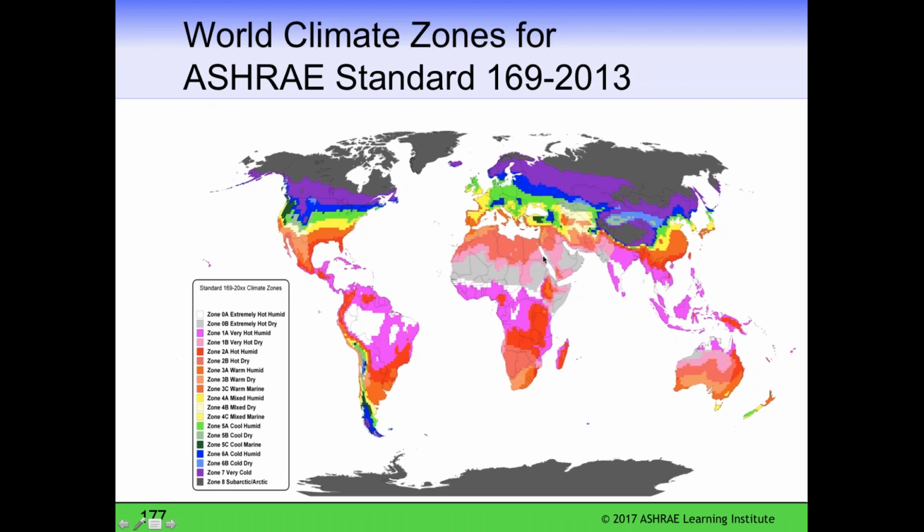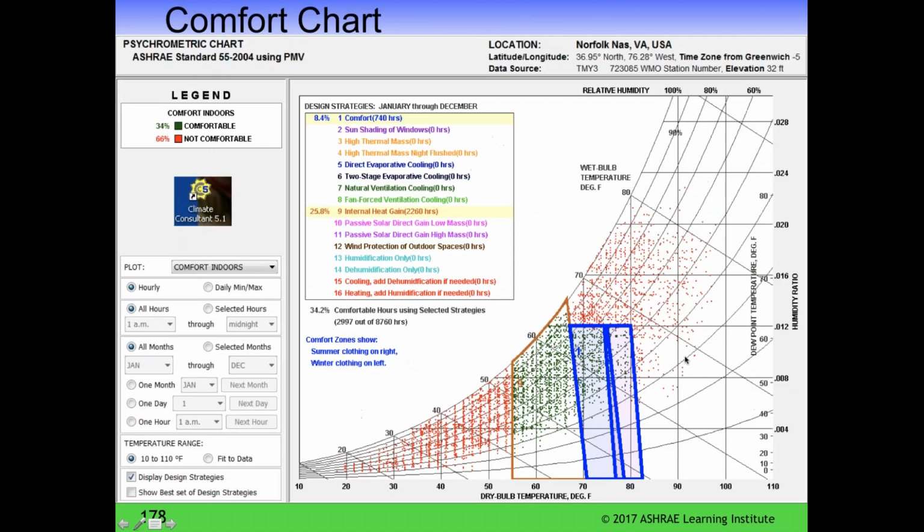So you can also see the gray, the light gray in Central Africa, which is extremely hot and dry, and up through Saudi Arabia, in the Gulf up through Kuwait, and northwestern Australia, etc.